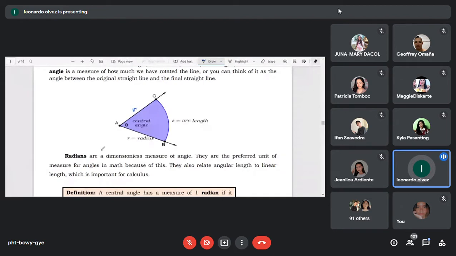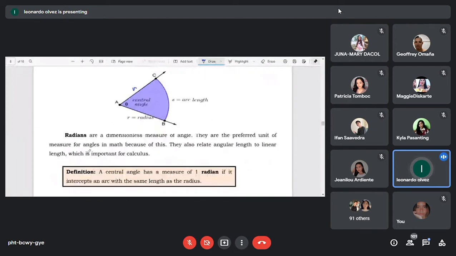By the way, in calculus class, we will rarely use degrees. In higher math, what is used is those with pi, like pi over 2, pi over 4, 3 pi over 4. That is in radian measurement. They are mostly used in calculus, so we are going to use radian measurement most of the time.